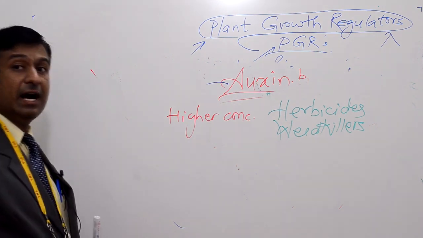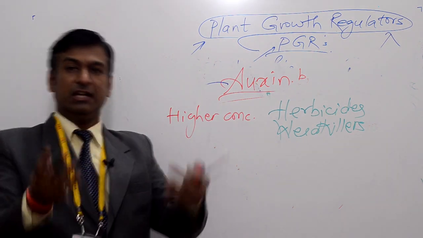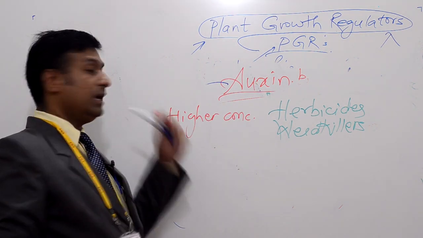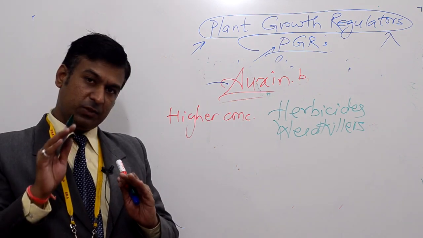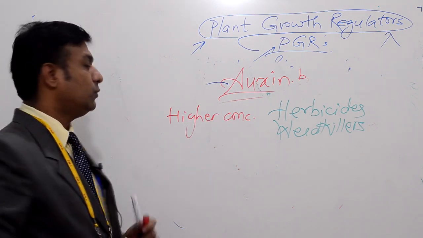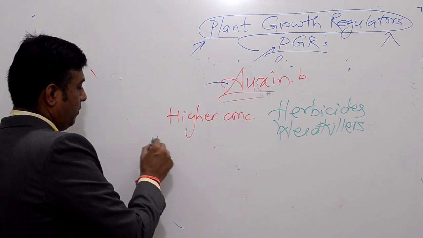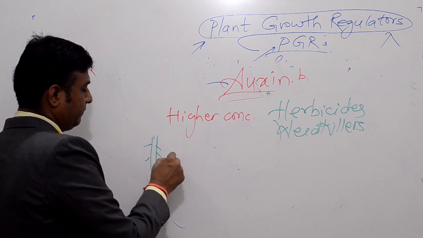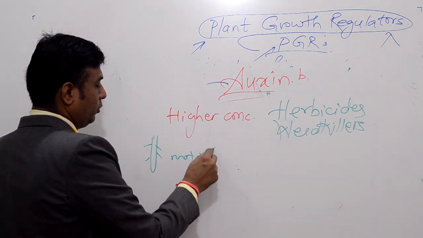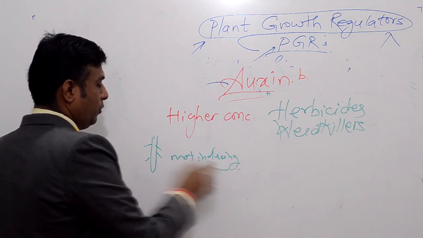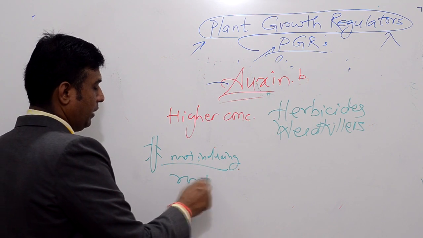So they harm certain types of plants when used in higher concentration, but they have a specific function. You also come to know that they are root inducing, causing rooting of the plant.